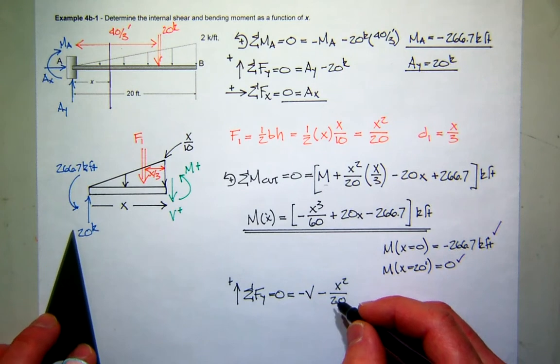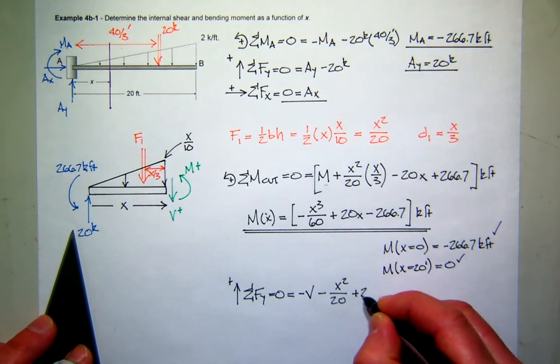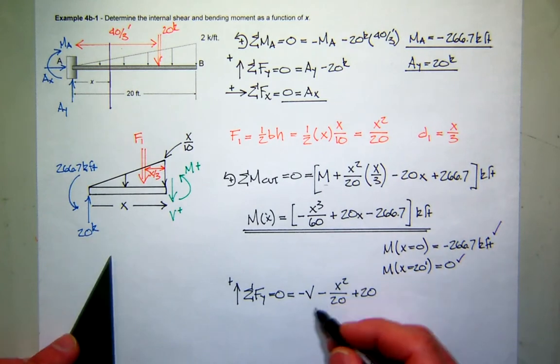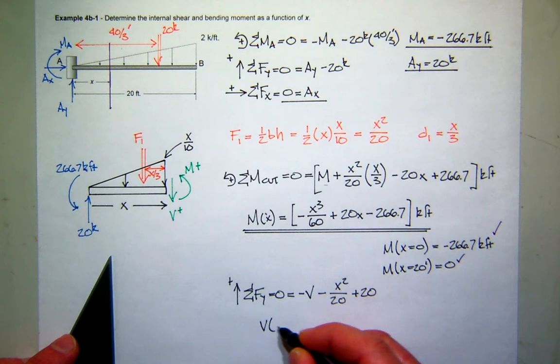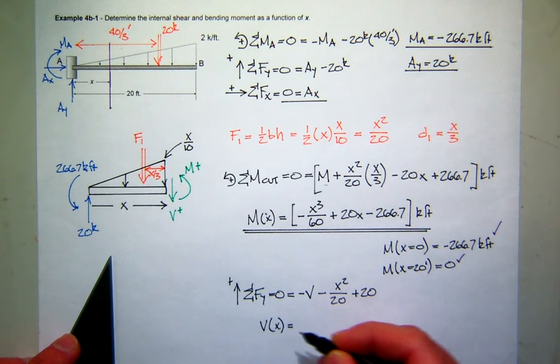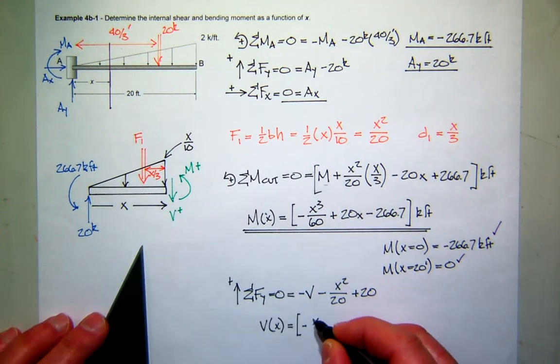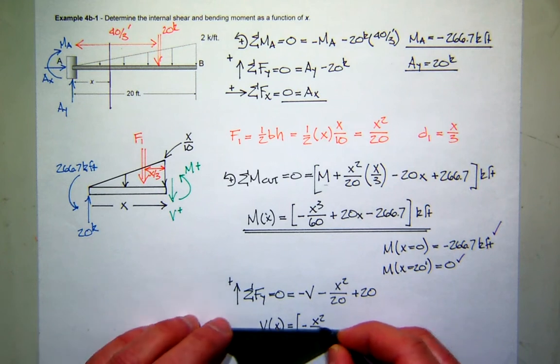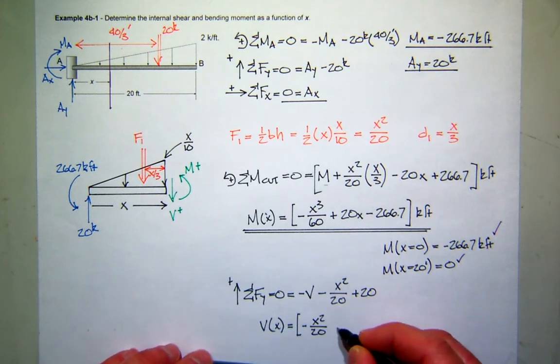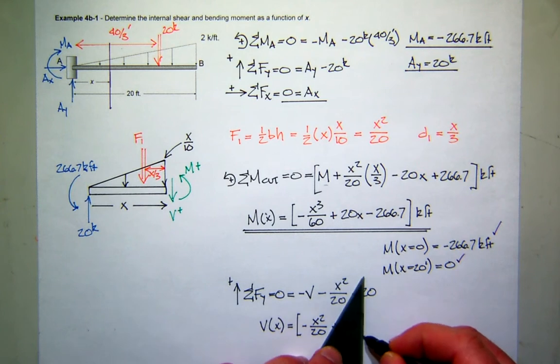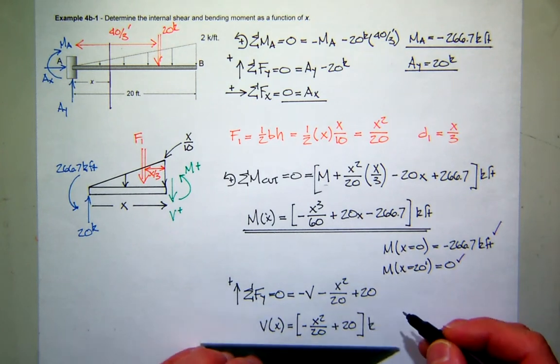Well, I've got my 20 force acting up. So when I solve for the shear, it's also going to be a function of x. It looks like I get minus x squared over 20 plus 20. And that'll have units of kips.